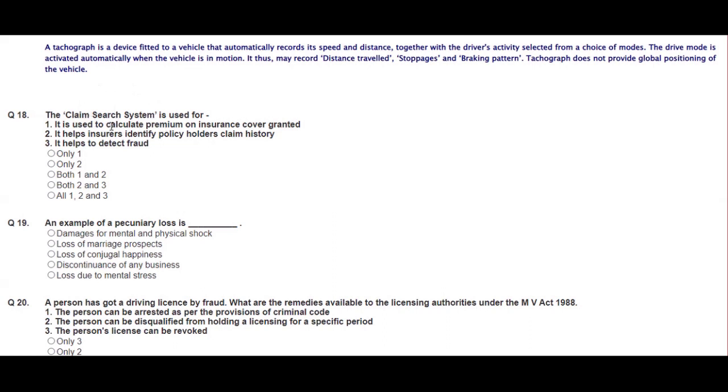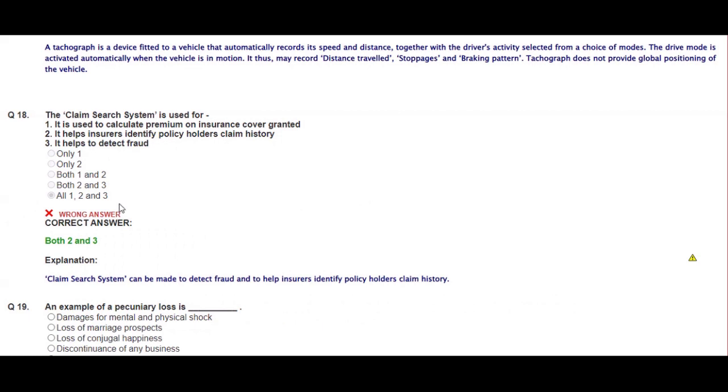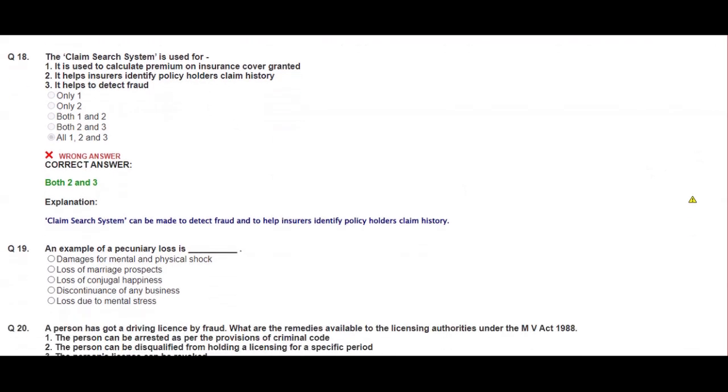It will be helpful to premium calculation, identifying claim history and detecting fraud. So 2 and 3. It is used to calculate the premium on insurance, wrong answer. It is only 2 and 3. It helps the insurer identify policyholder, claim history and detect fraud. Only claim search.